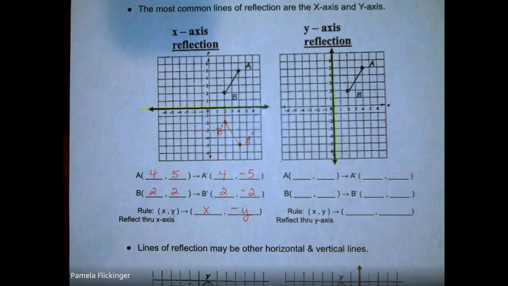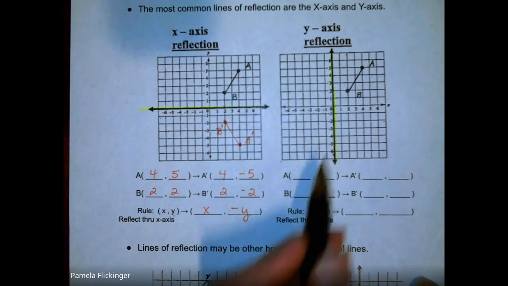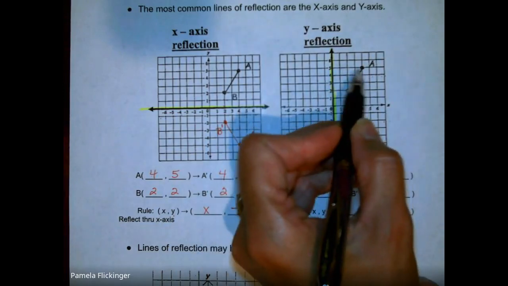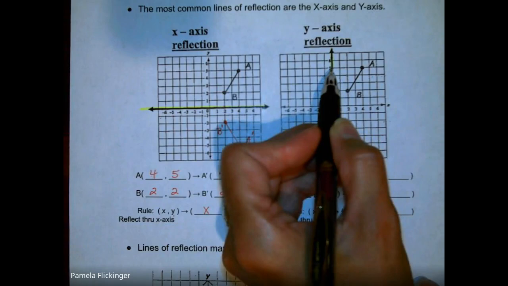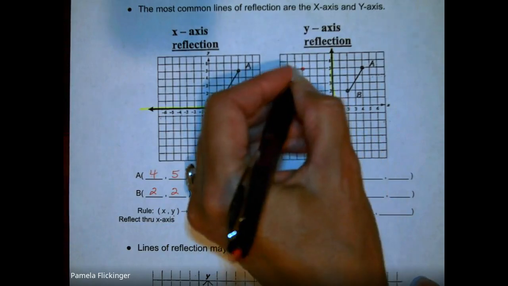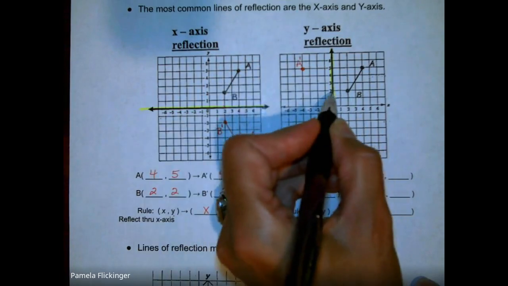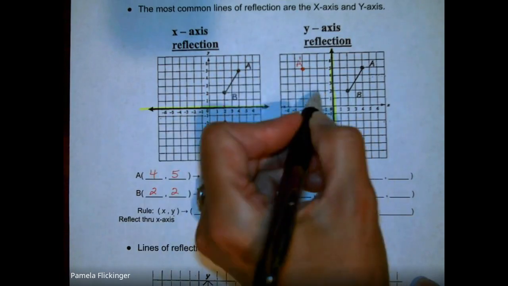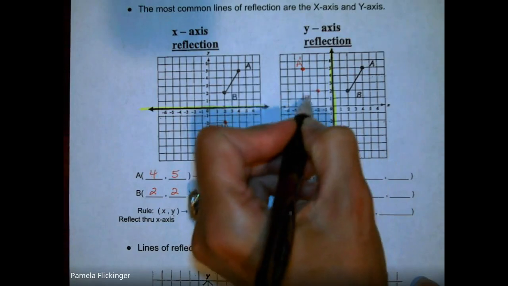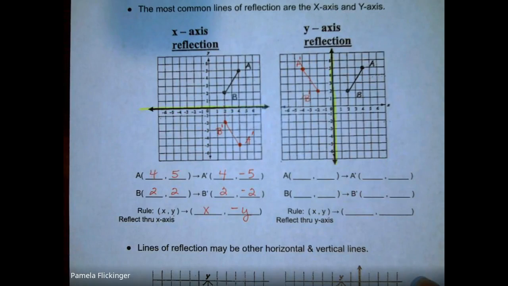If we reflect over the y-axis, same thing, we're just going to count to our line of reflection. So A is this time 1, 2, 3, 4. So we're going to count 1, 2, 3, 4 on the other side, that's your A prime. B is 2 from your line of reflection, so go 2 to the left, connect, and there's your reflection over the y-axis.